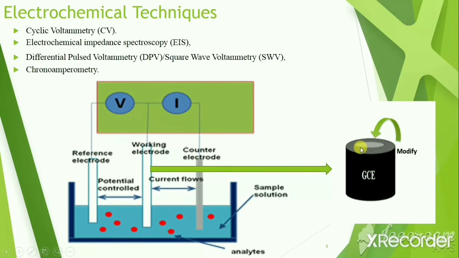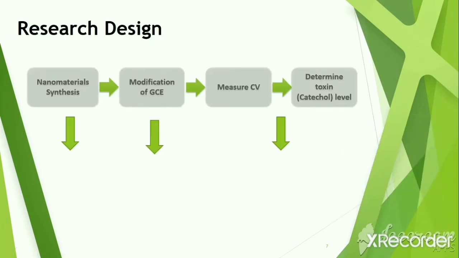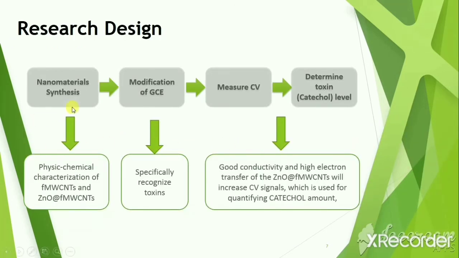The solution proposed here is to modify this surface using some specific nanohybrid or nanocomposite or any other nanomaterial. So to do so, we have to pass through 4 important steps. The first one is the synthesis of the nanohybrid. Here in our study we have synthesized an organic-inorganic hybrid, but before we go further with it, we need to do some physico-chemical characterization to see if we successfully synthesized a desired and good conductive nanomaterial.